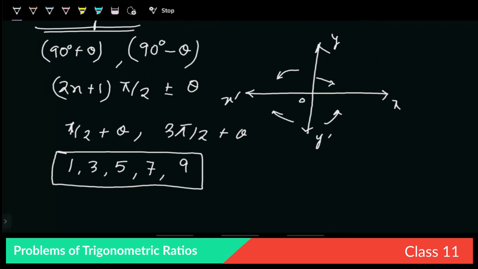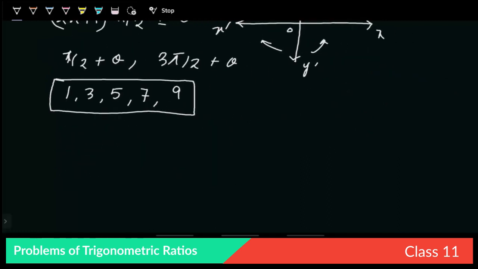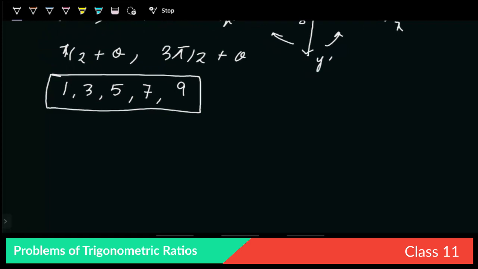So we can write in brief way that if the coefficient of pi by 2, that is 90 degree, is an odd number, then the ratio will change as sine to cos, cos to sine, tan to cot, cot to tan. Okay, so in this way we can say that if the coefficient of pi by 2 is an odd number, then the ratio changes as sine to cos, cos to sine.